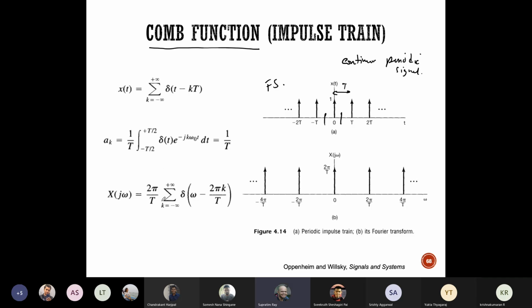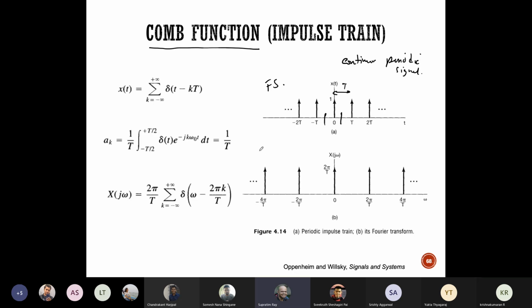So the generalized Fourier transform is now a bunch of delta functions sitting at 2 pi by T, 4 pi by T, and so on. Omega minus these, this is where your delta functions are sitting.